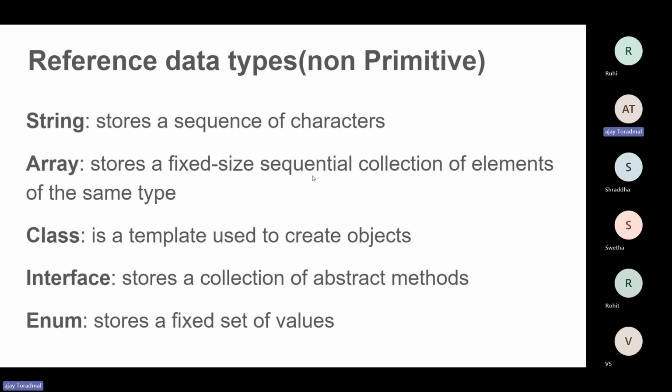Sequential fashion means if I'm adding the first number, it will be stored at the first index, or we can say the zeroth index. If I'm adding the second number, it will be stored at the first index. If I'm adding the third number, it will be stored at the second index. So it stores in sequential fashion. So we can say an array is a collection of numbers we can store.